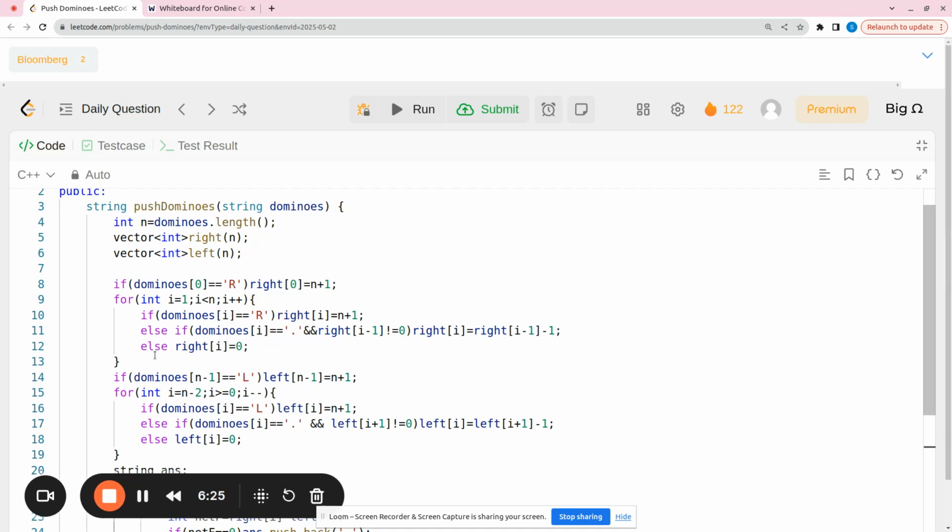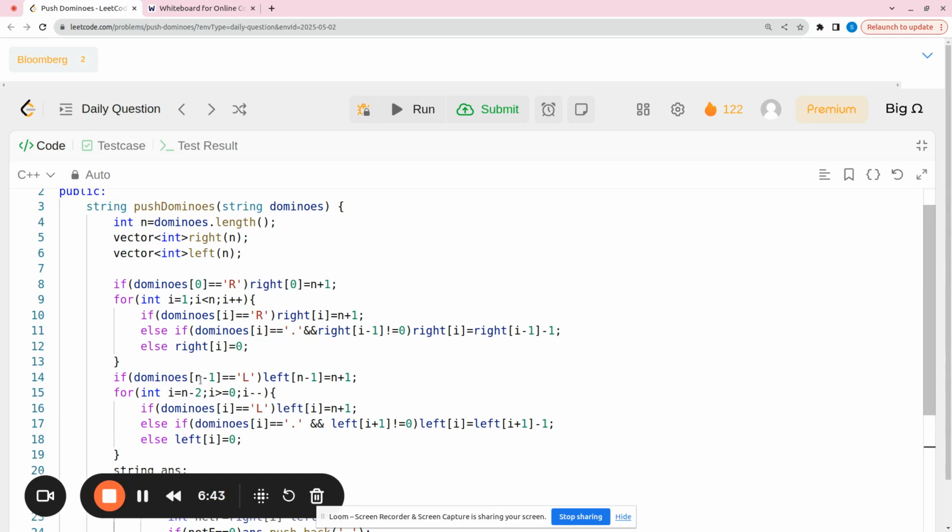Now, if we have pushed this domino to the left side, its right magnitude will be 0. After this loop is done, our right vector will be filled and will contain the magnitude of right force for each domino.